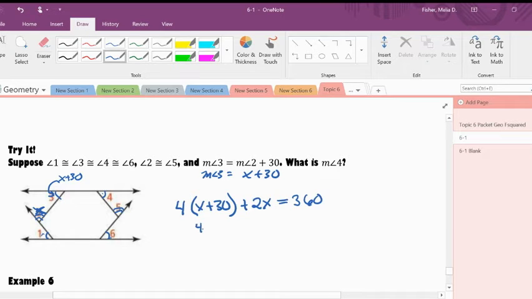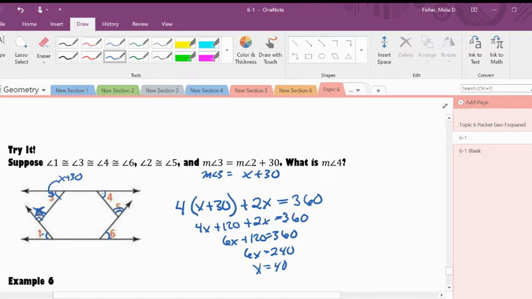So that gives us 4x plus 120 plus 2x equals 360. That is 6x plus 120 equals 360. Subtracting 120 from both sides, we get 240. 6x equals 240. And dividing both sides by 6, we get that x equals 40.